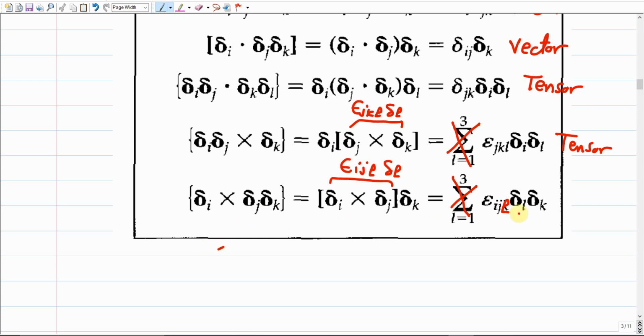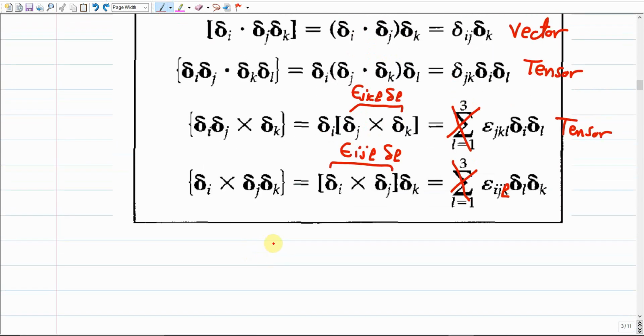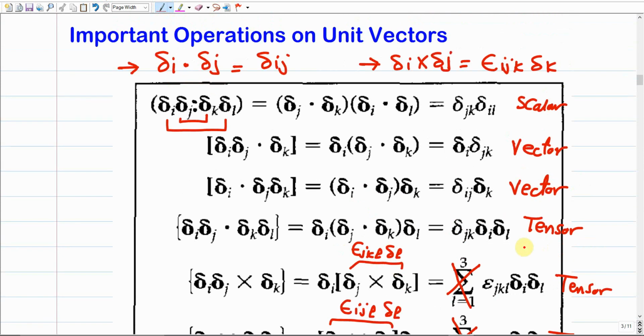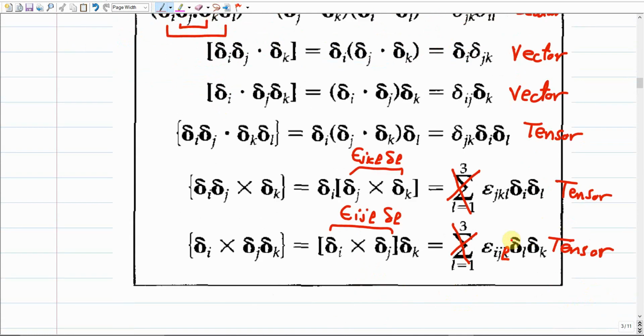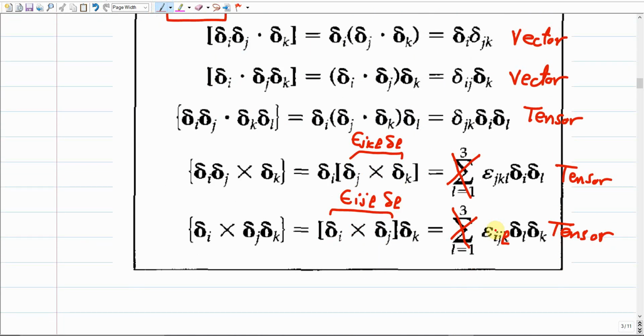This is a common known typo in the appendix of this transport phenomena textbook. It's just a typo, it is not a mistake or something. Okay, so anyway, this is going to give us a tensor. Make sense? So these are some of the important operations that should be considered over the unit vector, and we're going to use them a lot.